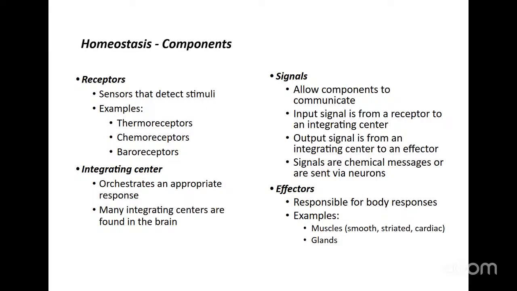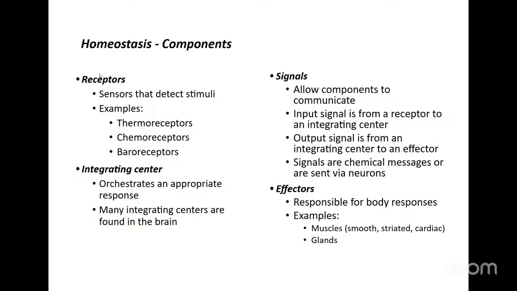So we've got signal pathways. Usually when we think about signals, we're basically thinking about nerves, right? It's not the only type of signal you can have. You might put hormones in this category as well. But if you're trying to think of a way to remember what we're talking about, it's nerves here. So this is allowing these different components to communicate.